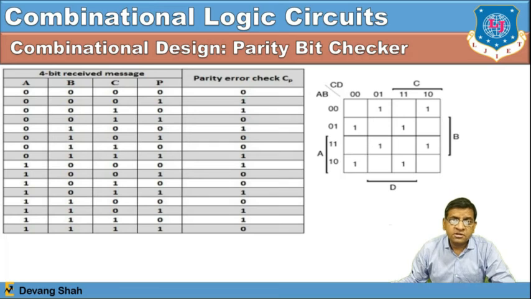Now see, interestingly, in this parity error check CP, no group of 16 is possible, no group of 8 ones, no group of 4 ones, not even a group of 2 ones, but a single group of 1 is possible.